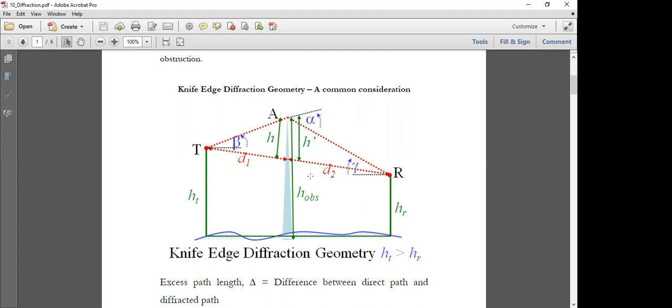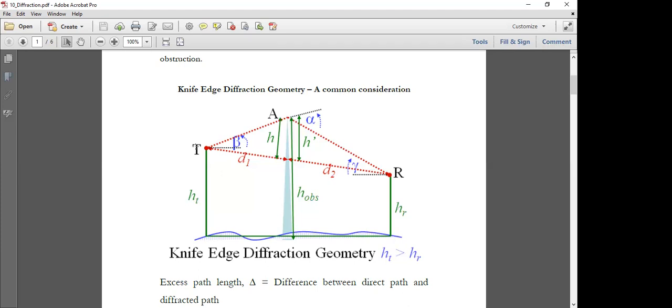But we compare it with the path TR, because if we did not have an obstruction, there would be a direct ray along TR, and we clearly understand how the power level would be there.